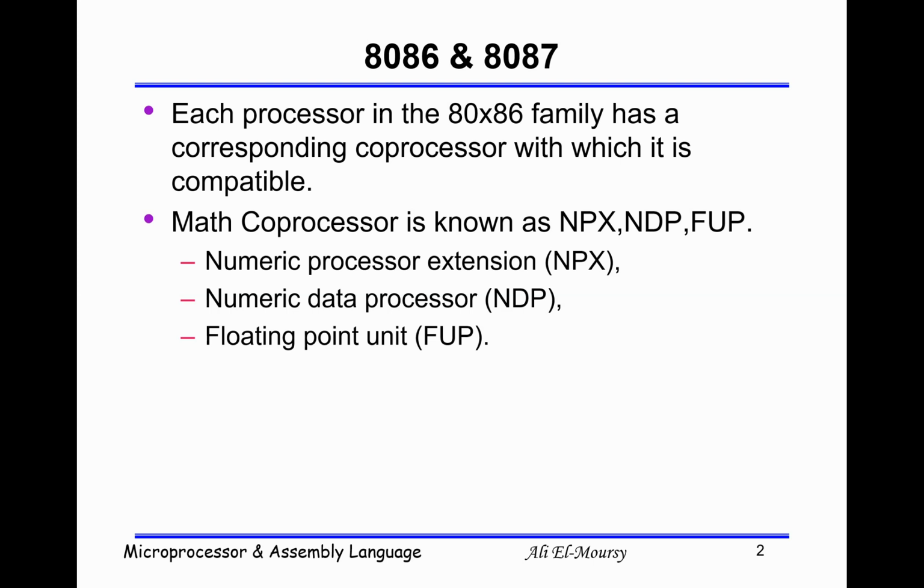Since the start of the semester till we started the floating point, we were discussing only the x86 machines, the 8086 or 8088, which are actually integer units, and these are the main processors in the old PCs.